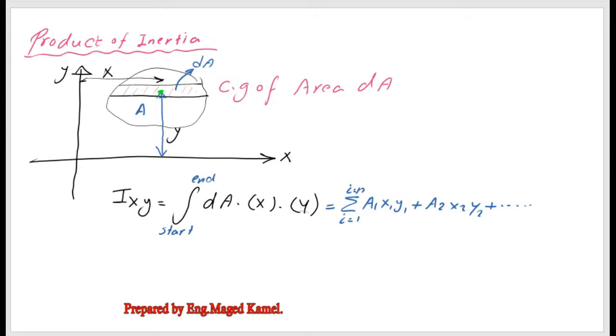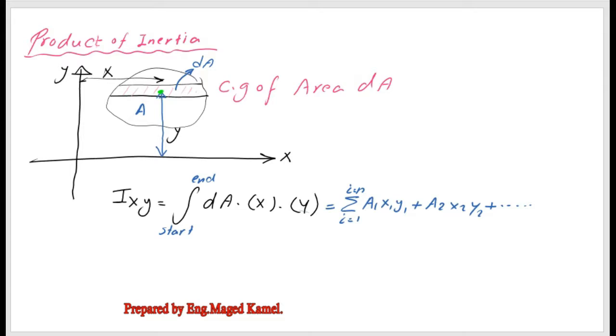Next item will be the product of inertia. Suppose we have a big area like this, where the area we call capital A. We will introduce only a small strip of area equal to dA. From that strip we are going to estimate the CG distance for both the x and y coordinates. The x is the normal horizontal distance perpendicular to the y-axis, while the y is the vertical normal distance perpendicular to the x-axis.